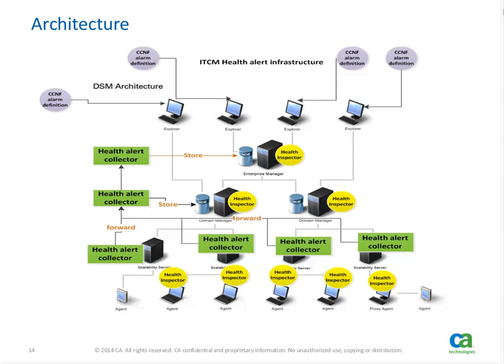And the same thing goes all the way up the tree. If you have the scalability servers reporting to its domain manager, then you may not get those alerts. So in a redundant environment, you'd perhaps want to have a standalone health monitoring infrastructure. And then the agents report to their appropriate collectors, typically a scalability server.